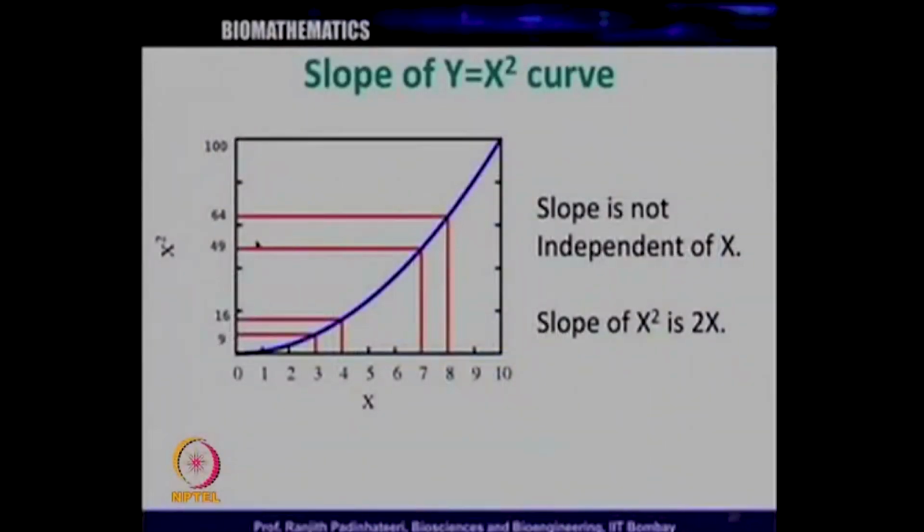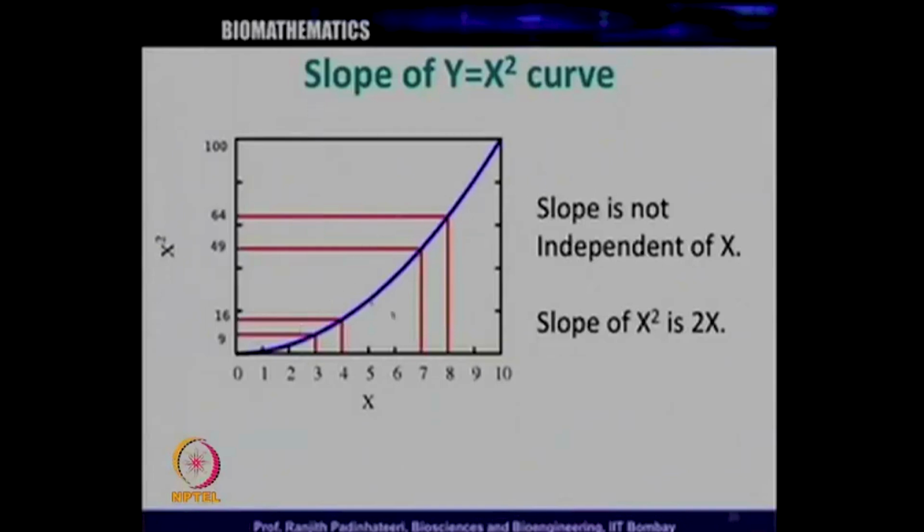When we took the x values between 3 and 4, we got the corresponding y values between 9 and 16. When we took the x values between 7 and 8, we got 49 and 64, which is a difference of 15. So, what we should learn here is that the slope of this y equal to x square curve varies as we go along the x axis. The slope here is small compared to the slope here.